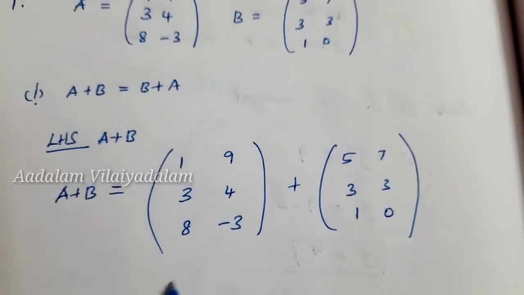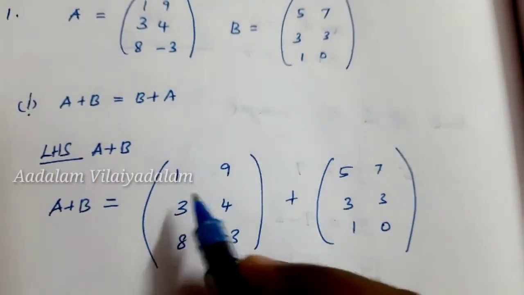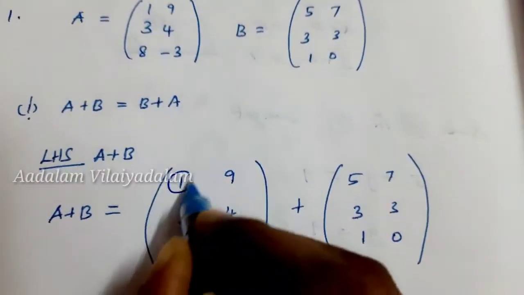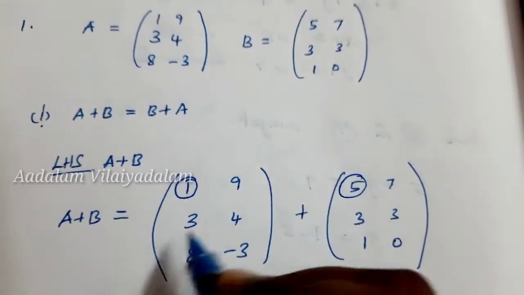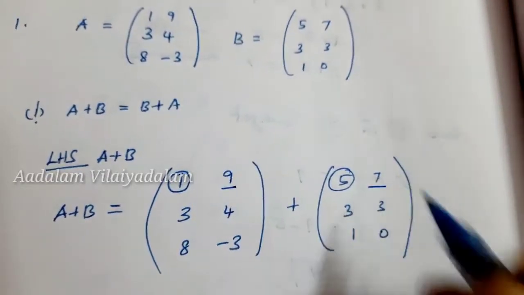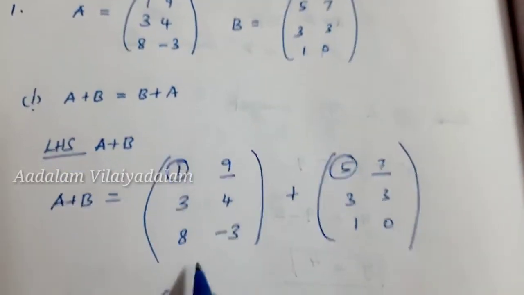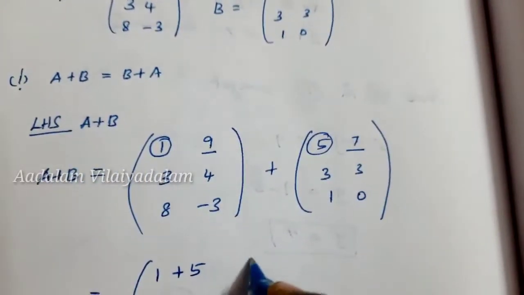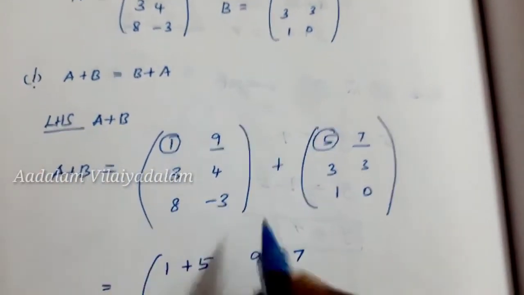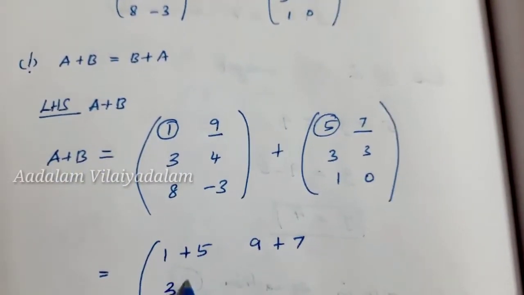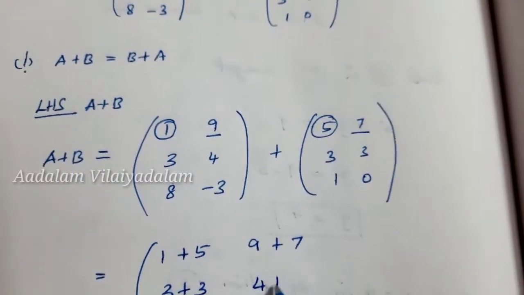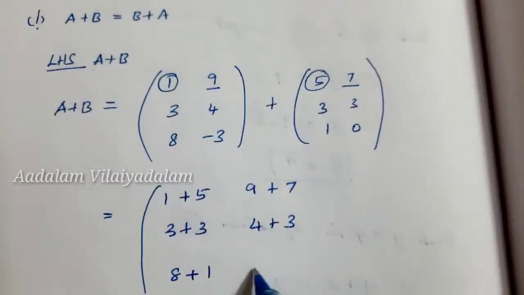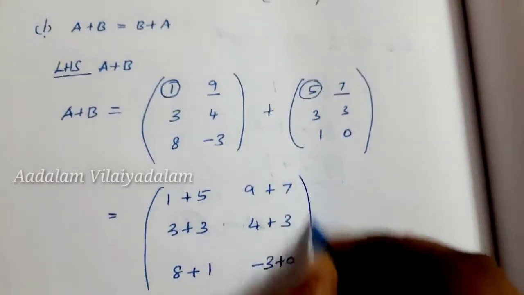Now if we add these matrices, we have to add the corresponding elements: 1 plus 5, in the same way 9 plus 7, 3 plus 3, 4 plus 3, 8 plus 1 and minus 3 plus 0.